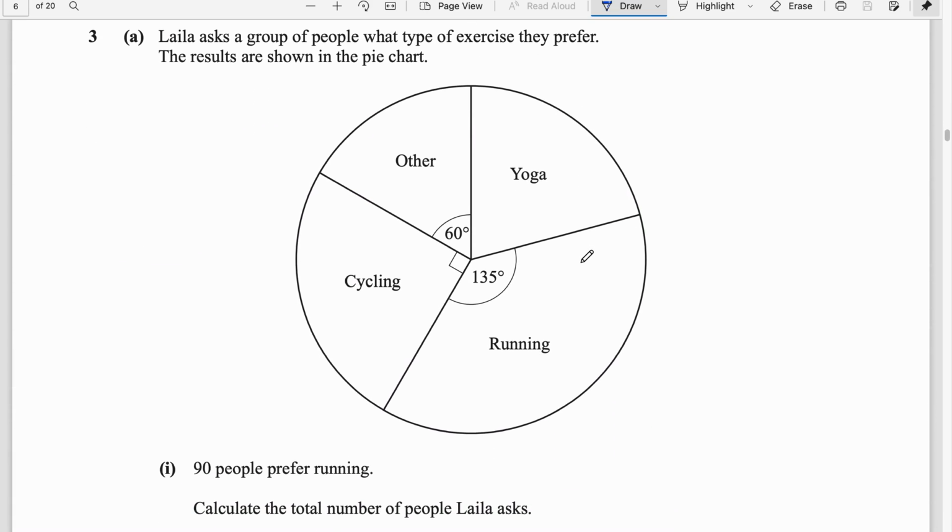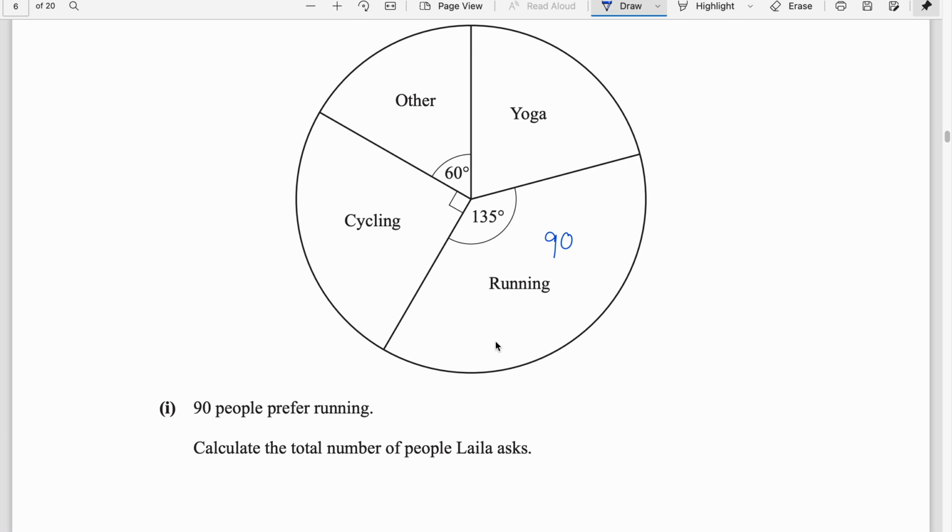Question number 3. Leila asks a group of people what type of exercise they prefer. The results are shown in the pie chart. 90 people prefer running. So this sector right here represents 90 people. Calculate the total number of people Leila asks.